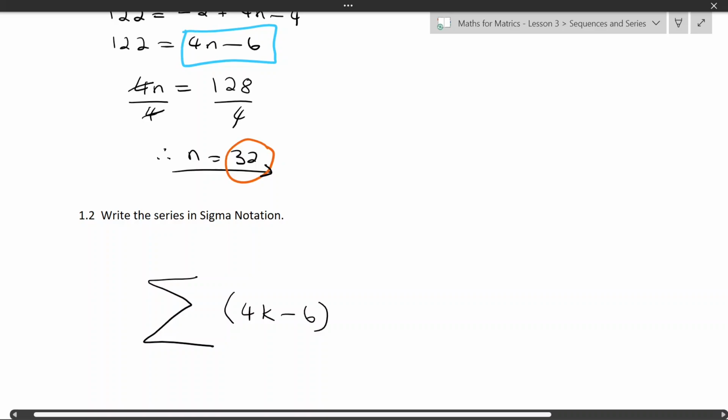Now let's write the upper limit of summation. We know that the first term of the series is -2. So looking at the general term, we can see that the index starts at 1, because if you substitute k with 1, you'll have 4 minus 6, and it is equal to minus 2. So k is equal to 1.